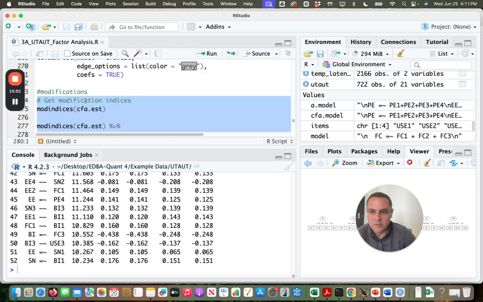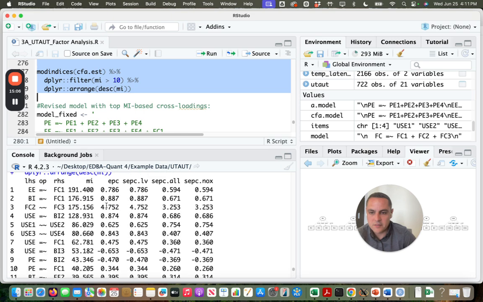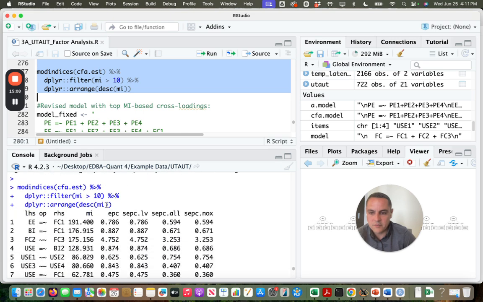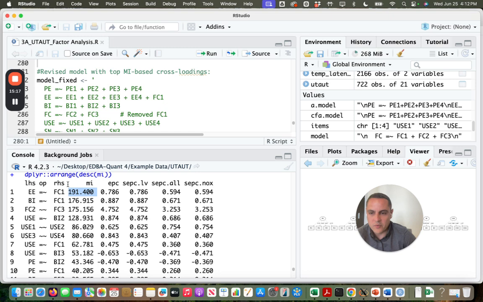And then also take a look at those, and let's see, oops, too far. If you look at the largest to smallest, it's basically giving you directions on what to modify.